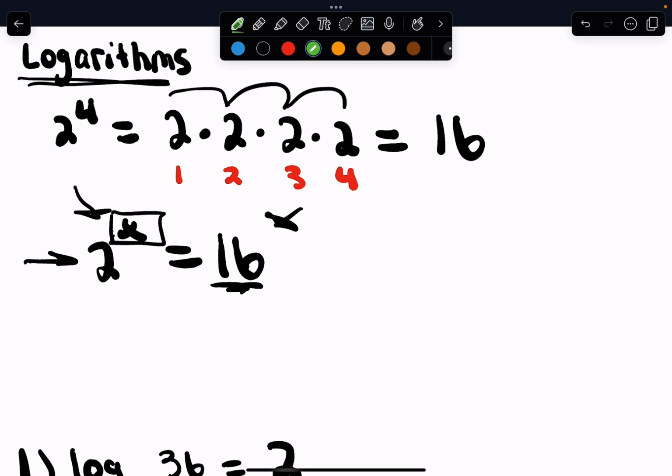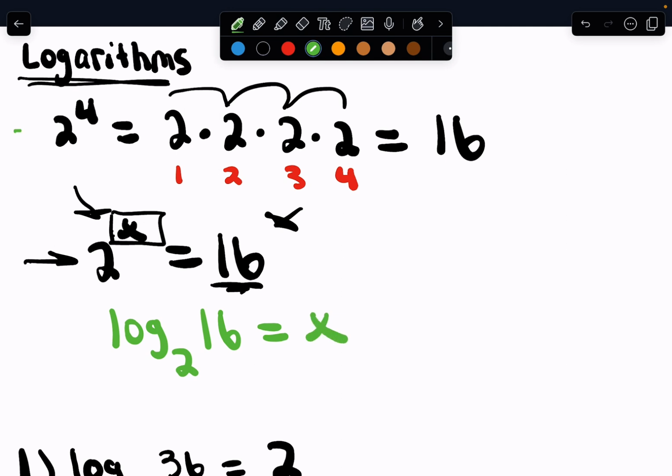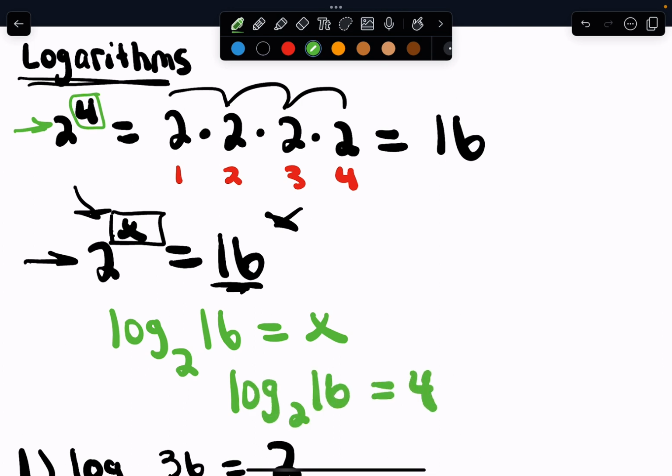Now, we would write this in log form as log base 2 of 16 equals x. Now, as we know from this prior example up here, this is obviously going to be 4 for our x. So log base 2 of 16 equals 4.